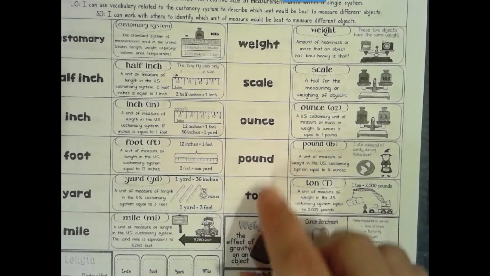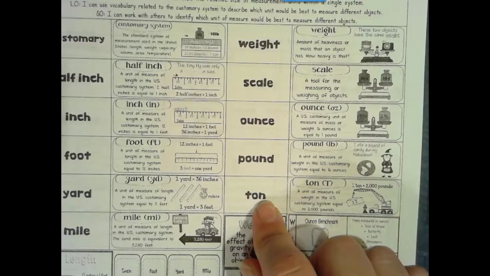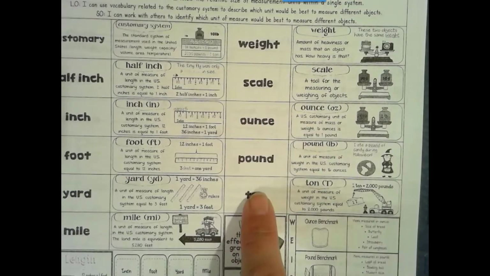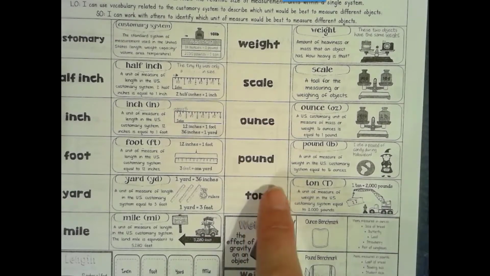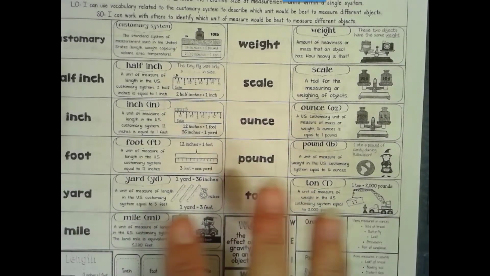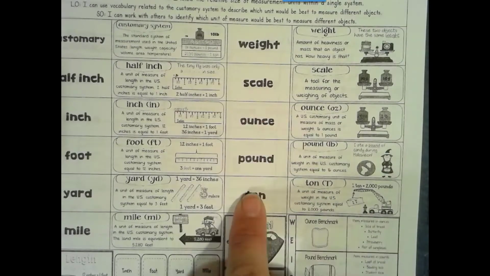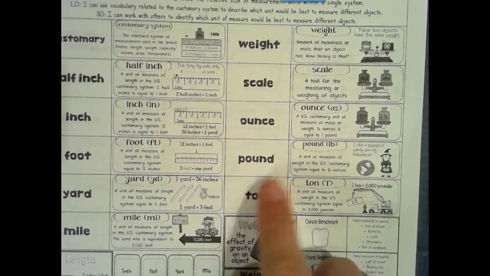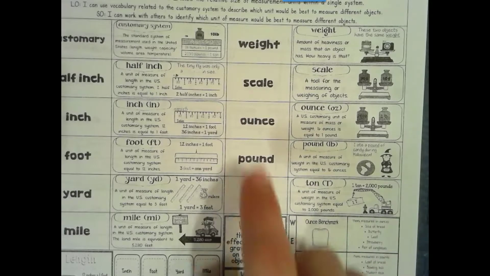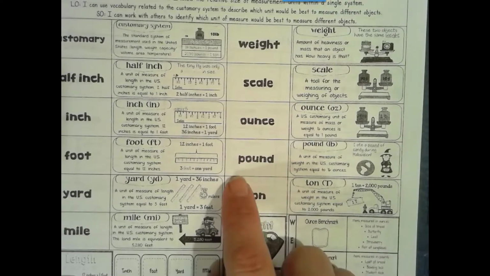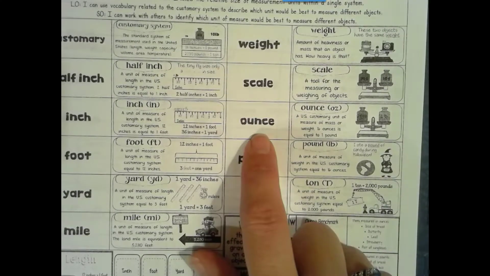We have 3 units. There actually are other units that are used within the English system, which is where we got the customary system, even though they usually use metric. There are some of these that we don't have that they use, like stones and things like that. But we use ounces, pounds, and tons.